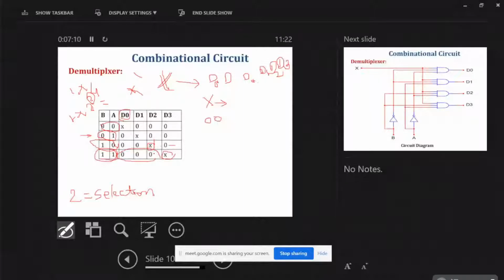On the basis of this truth table, we'll try to find the Boolean expression for D0, D1, D2 and D3, the 4 output lines.